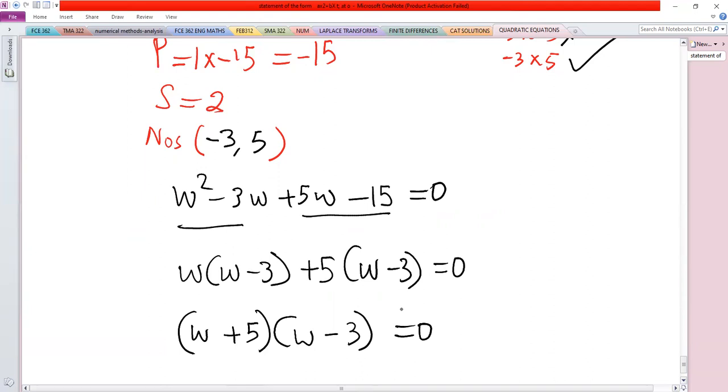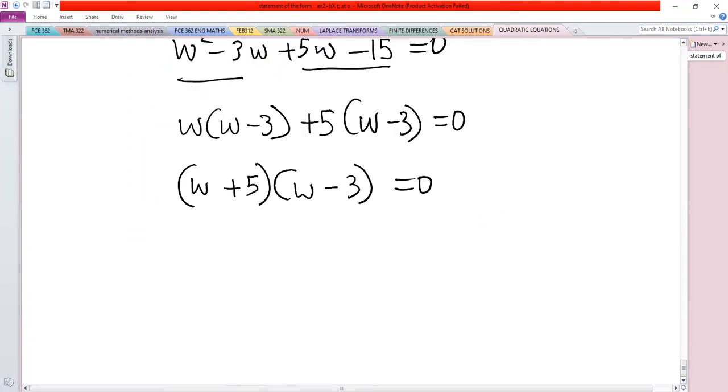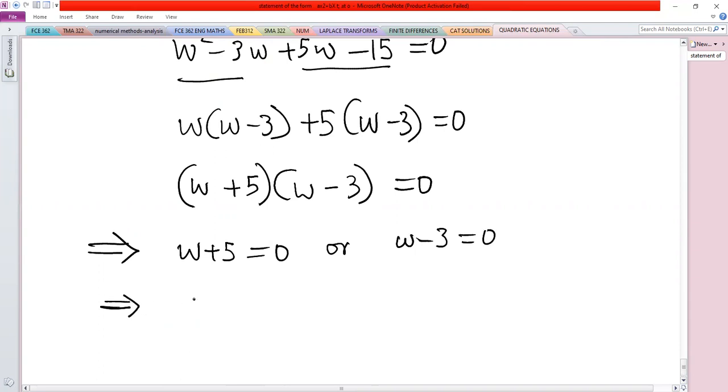Now using the zero product property of real numbers, this implies w plus 5 is 0 or w minus 3 is 0, which implies that w is minus 5 or w is positive 3. So those are the solutions to that given quadratic equation.